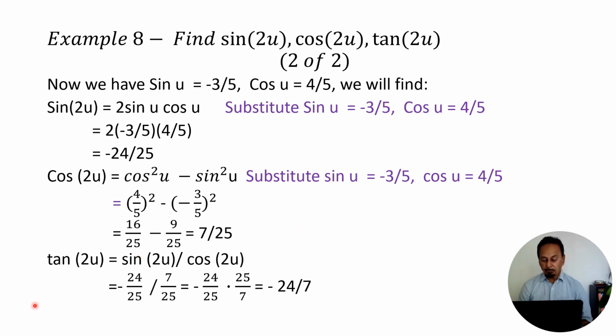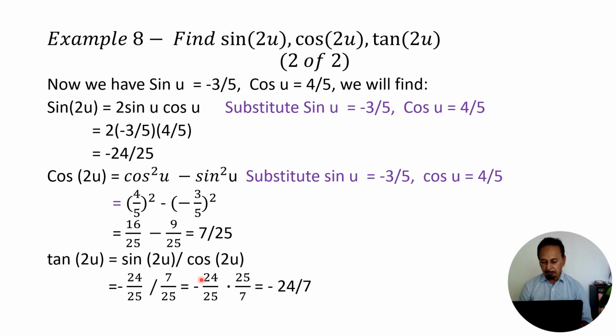And now to find tangent 2u, we write sine 2u over cosine 2u. Sine 2u, which we found, is minus 24 over 25, and cosine 2u is equal to 7 over 25.